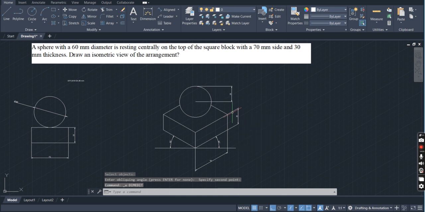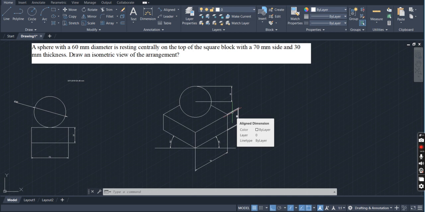Sorry. So you need to give the diameter. Delete.